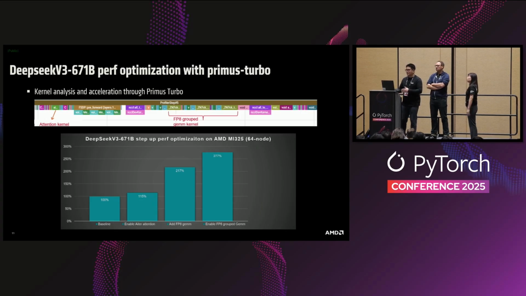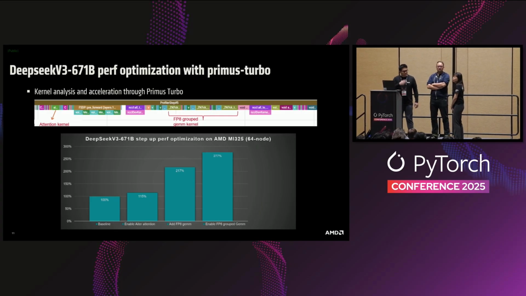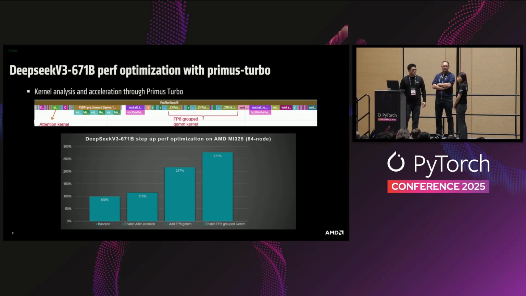Although it's not a full model, you can still see the performance boost by integrating our Primus Turbo. One thing to add is that even for the DeepSeek V3 full model, we only need 16 nodes to run the full pre-training, because of our memory advantage. You can also reduce the layers of the DeepSeek model for smaller training.